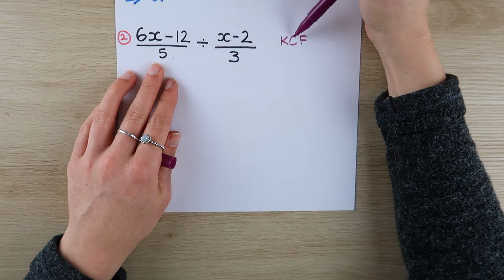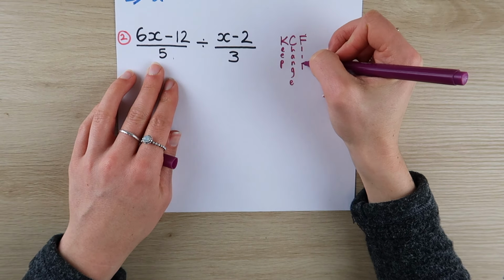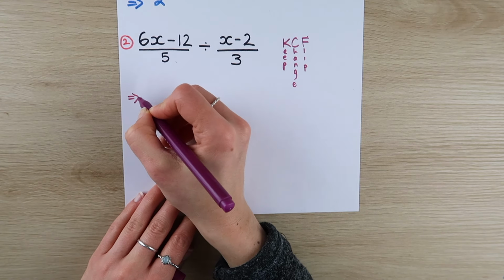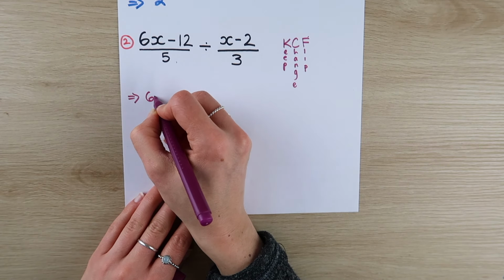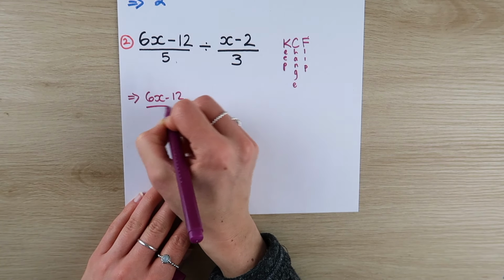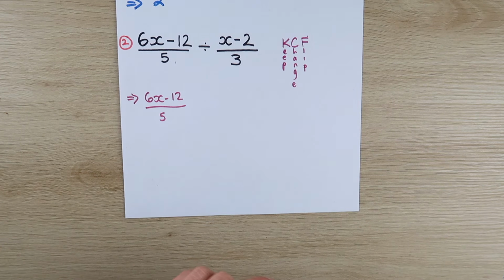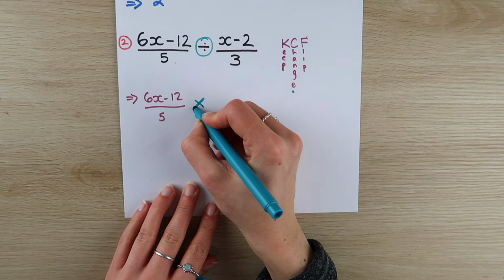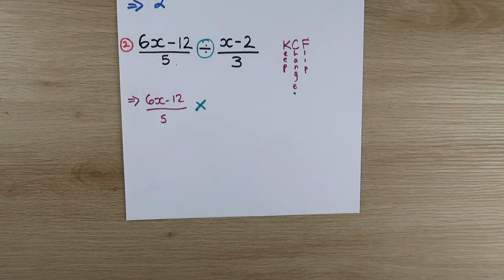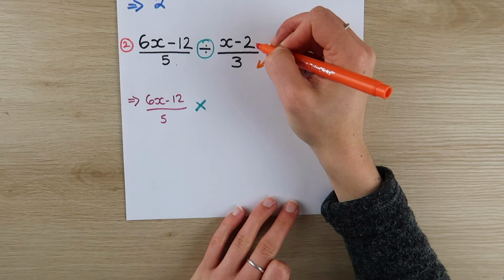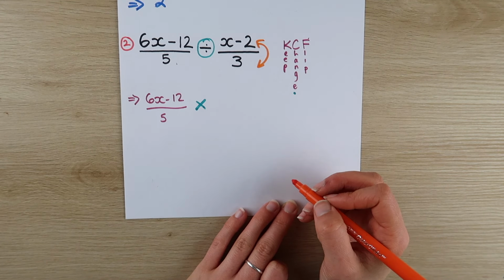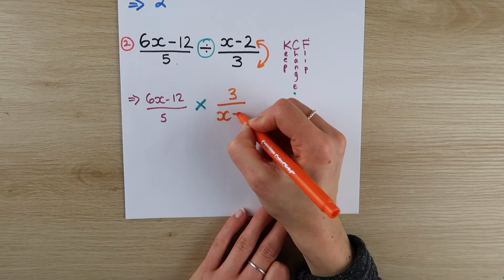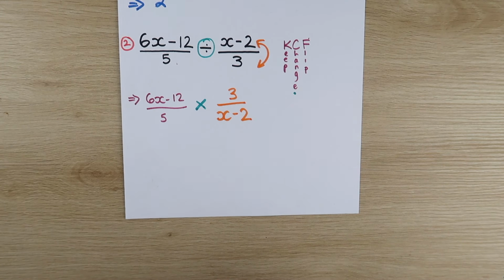So I use keep, change, flip. So keep the first one. Change the sign. So I change that to a multiplication sign. And flip the second fraction. So that becomes 3 on the top and x minus 2 on the bottom.